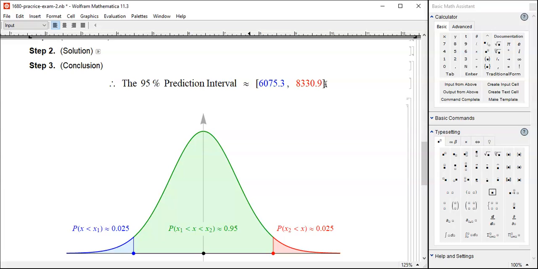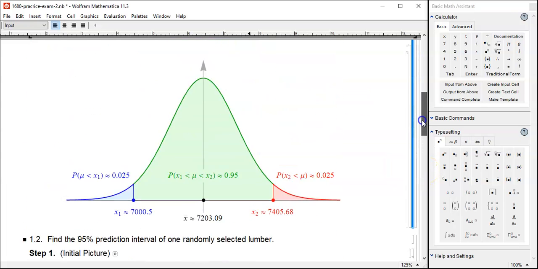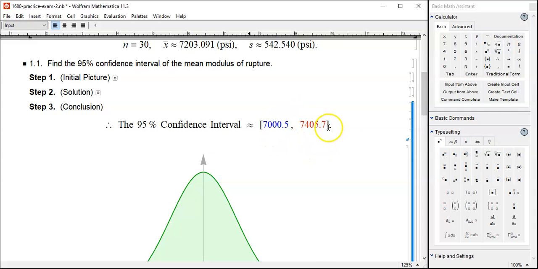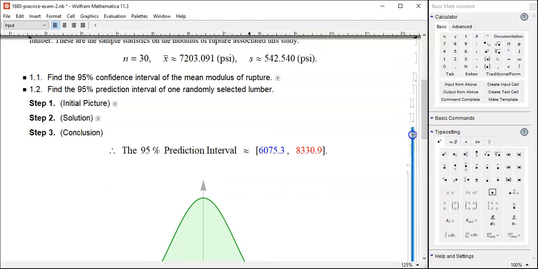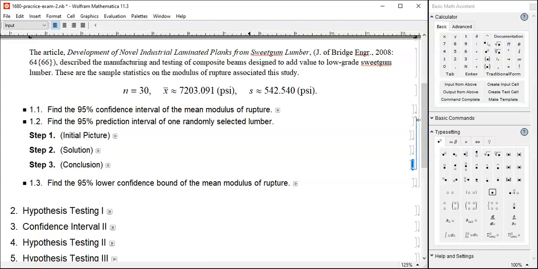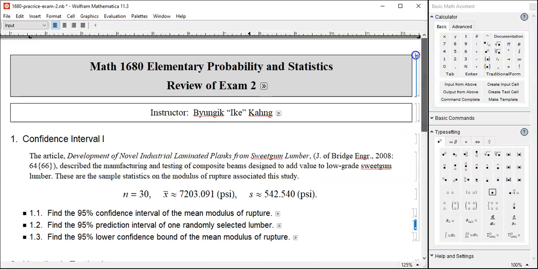So margin of error is about half of that size, so it's about 1,650, 1,600 something, plus or minus. That's the margin of error for each individual number. For mean, we have the margin of error of about 200, much smaller, much larger. See the difference? That's the difference between the confidence interval and a prediction interval.